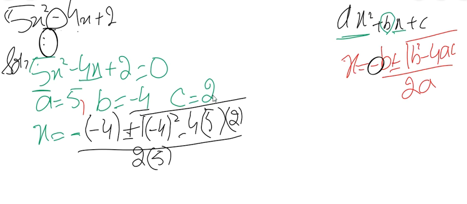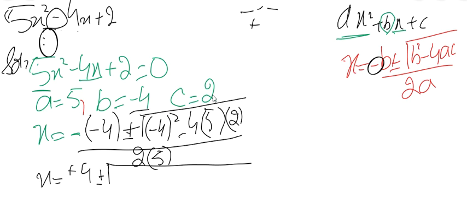Now we have to simplify them with some little calculations. x equals to minus minus, when minus and minus multiply, we will get plus. So plus 4 plus minus under root. When we take the square of minus, the end result will be a positive sign.